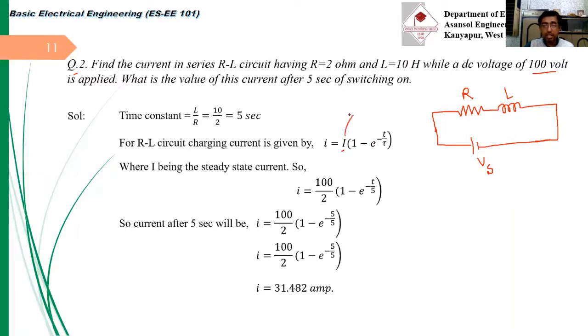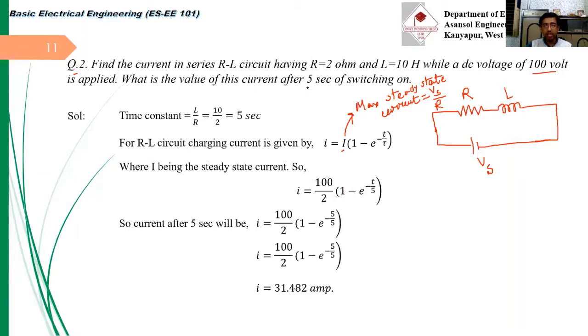This is the maximum steady state current, and this value is Vs by R. Clear?